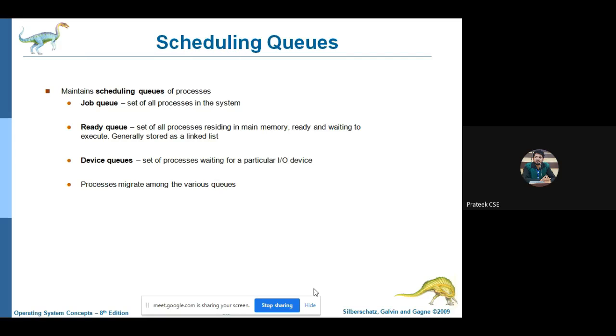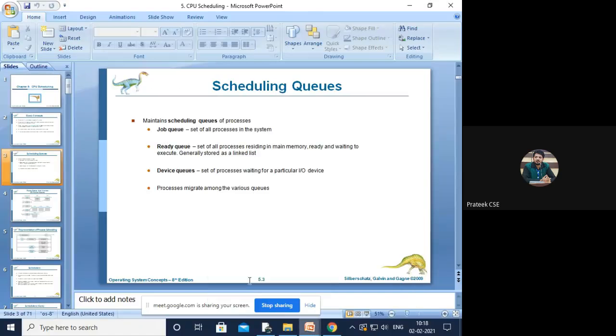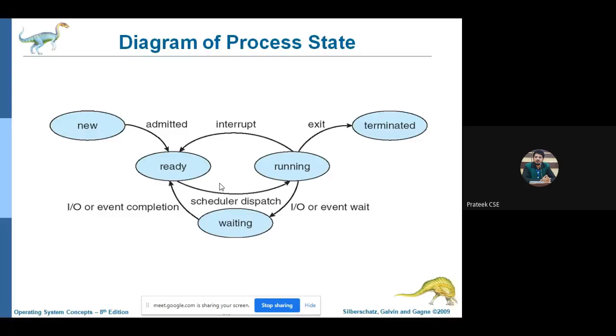Then the second most important queue is the ready queue. The ready queue is related with the ready state, which I just talked about. It consists of all the processes which are ready to execute, and basically here we talk about the random access memory.